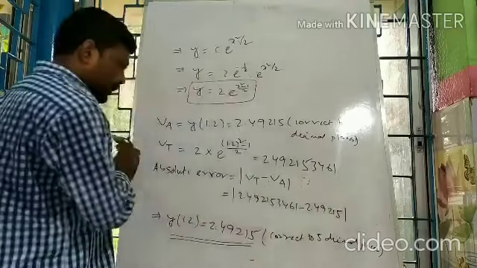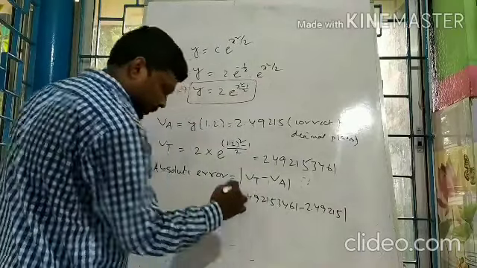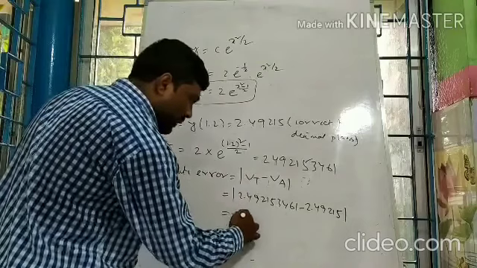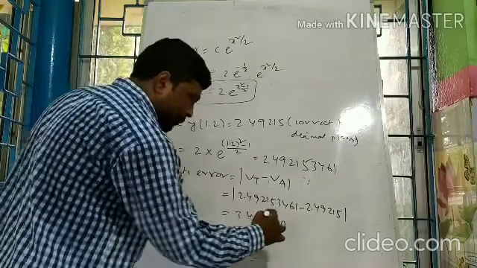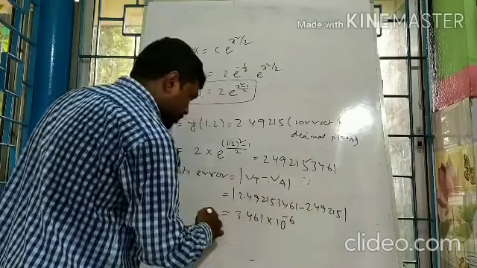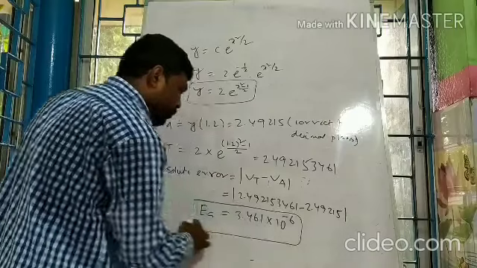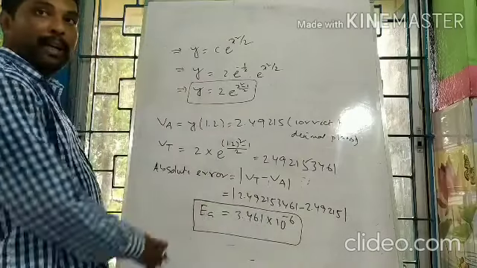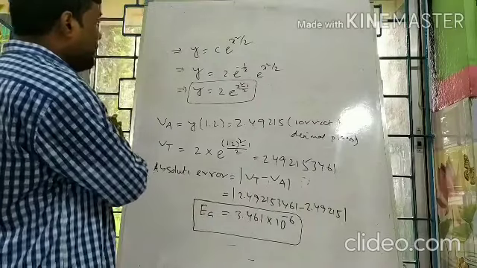So the absolute error equals 3.461 into 10 to the power minus 6. This is the absolute error.